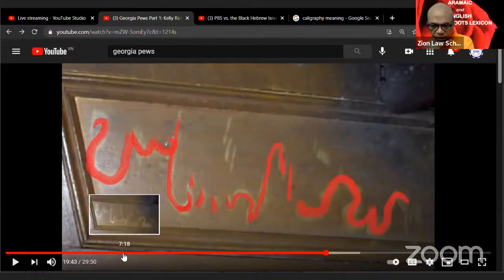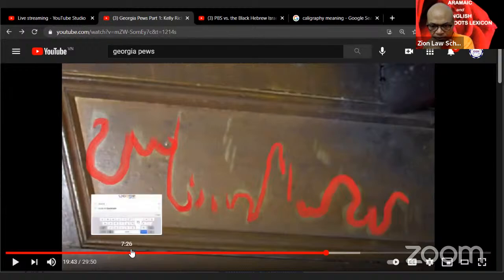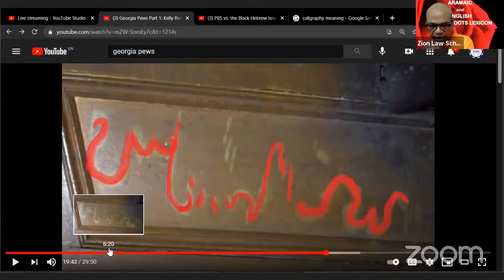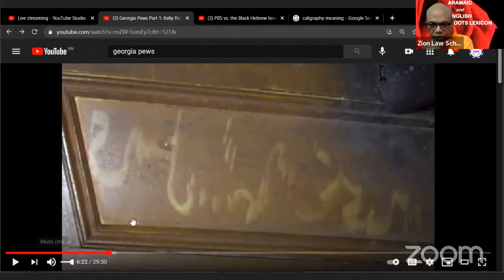So let's take a look. I want to show you all something before we get into that. I want to show you this writing without the red highlighting. Okay, so take a look at the writing without the red highlighting here. So in my opinion, if you look here in the far right-hand lower corner, that's an artifact.